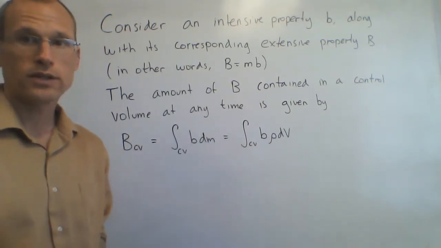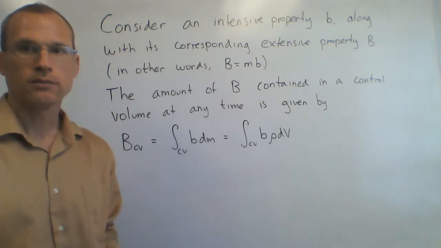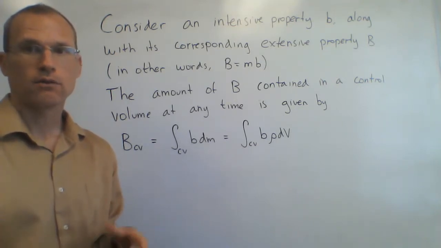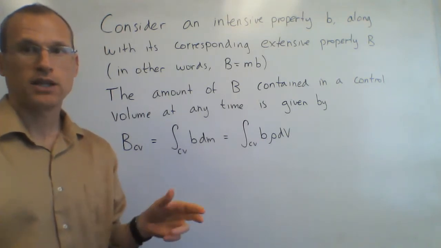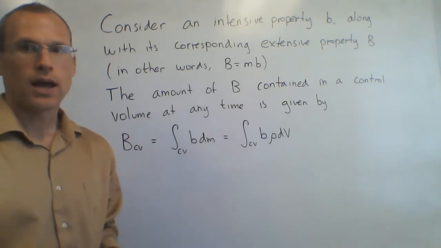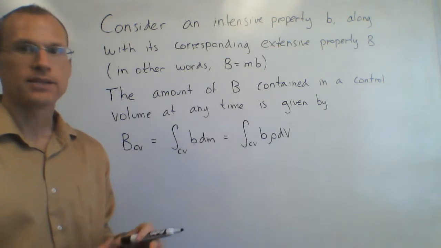So now what I want to do is consider some general intensive property, little b, and its corresponding extensive property, big B, and corresponding meaning that big B I can find by taking little b and multiplying it by mass. So now I want to know how much extensive property I have, capital B, in some control volume.